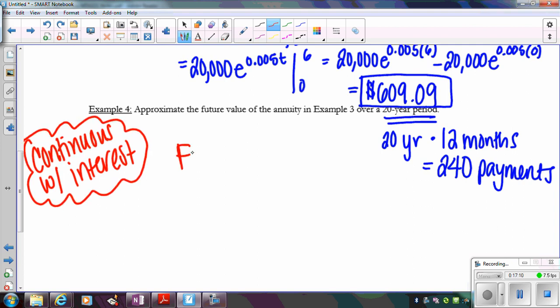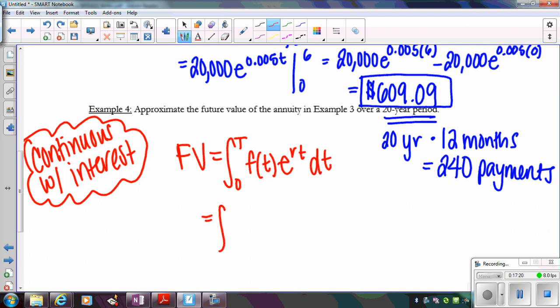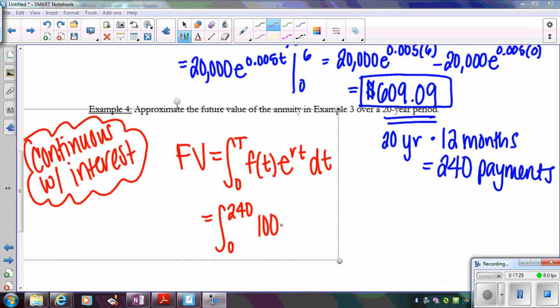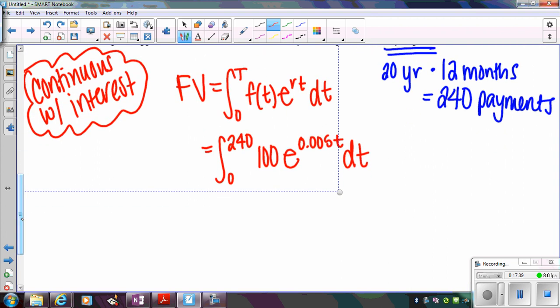So we're going to write out our formula. Our future value is going to be the integral from 0 to t of f of t times e to the rt with respect to t. So we plug in, so it's going to be 0 to 240. $100 is the continuous money flow. E, and we are going to use that same rate. And then times t, integrating with respect to t.